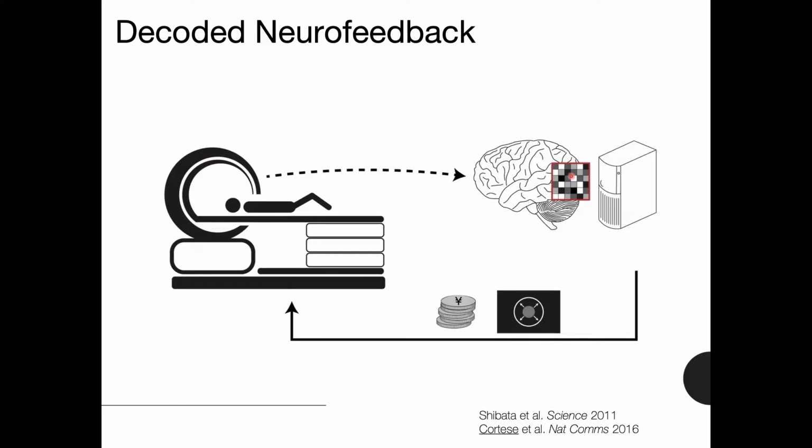The decoder analyzes those patterns and computes a likelihood that this pattern resembles our target pattern. And so we show the participant a feedback, a visual cue on the screen that tells them how much money they would earn on that trial, but that effectively reflects what kind of information, what pattern, they are currently activating.